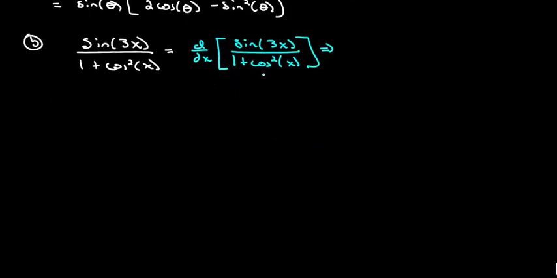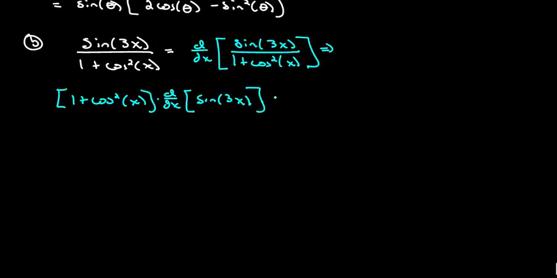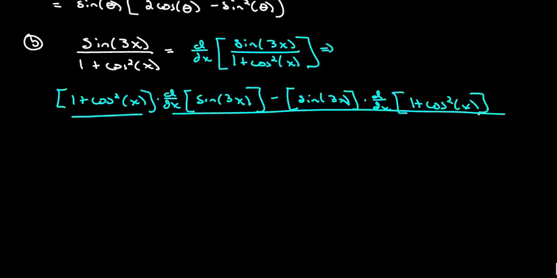So this will be the bottom times the derivative of the numerator, the top, minus the top numerator times the derivative of the denominator, the bottom, all over the bottom squared.